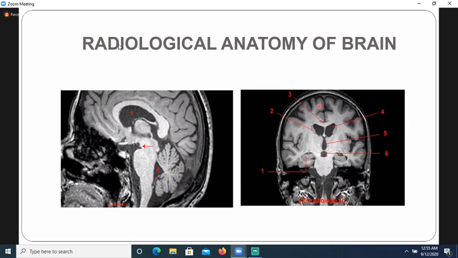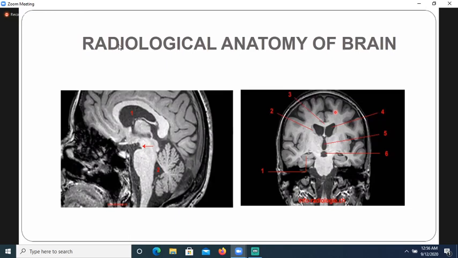And on the coronal view, this is the body of the lateral ventricle. This is the body of the corpus callosum and third ventricle. This is the fourth ventricle, and these are the temporal horns, temporal lobes, and this is the parietal lobe. So we have to see the anatomy on all sequences.